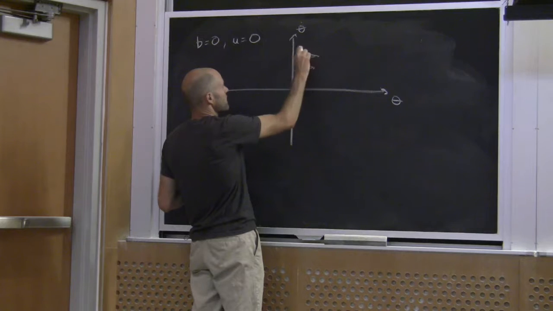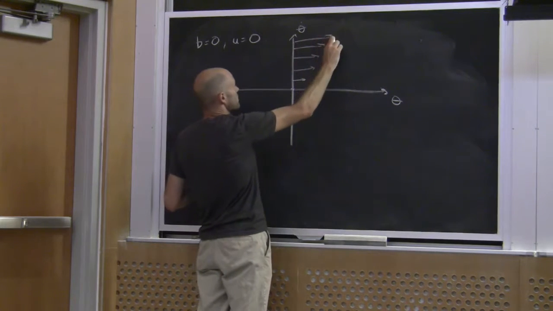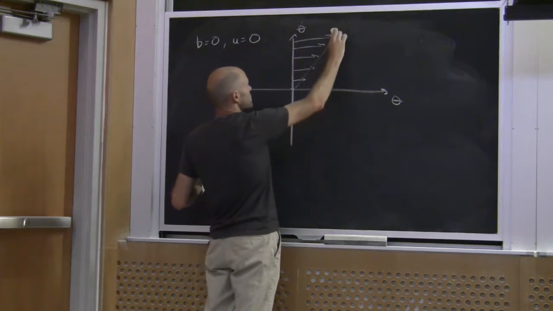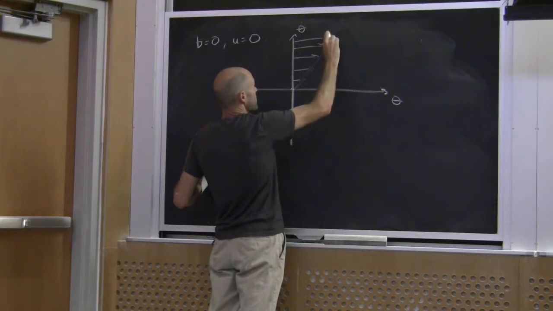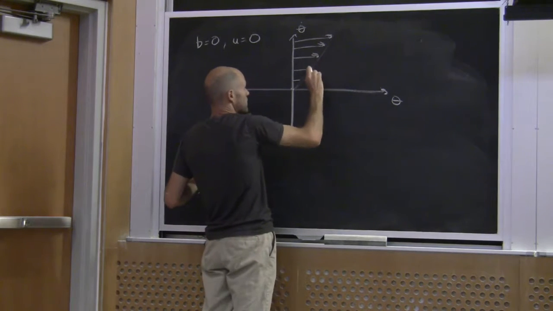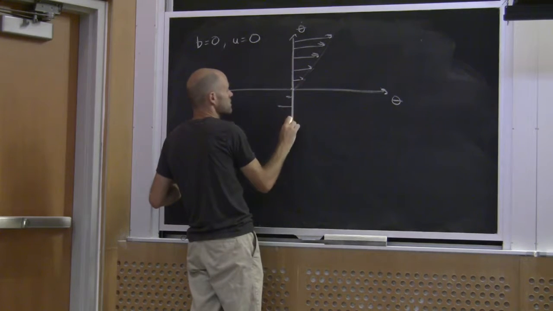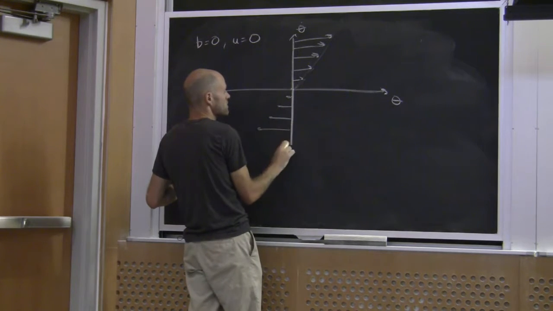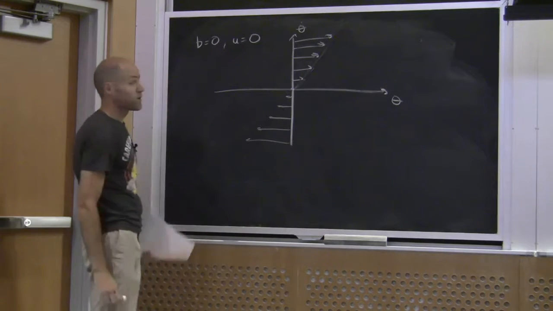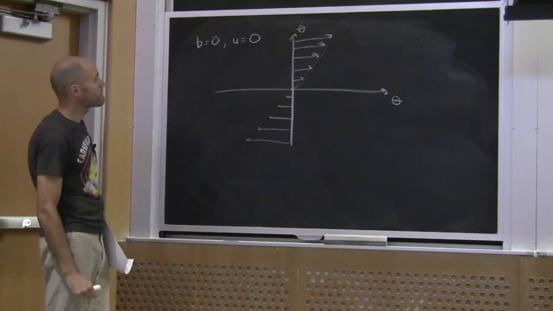And if I walk along this line, this axis, that should be a line that goes through the origin. That's just theta dot coming back out. And similarly this way. Okay, that's a bunch of vectors that were easy to plot.